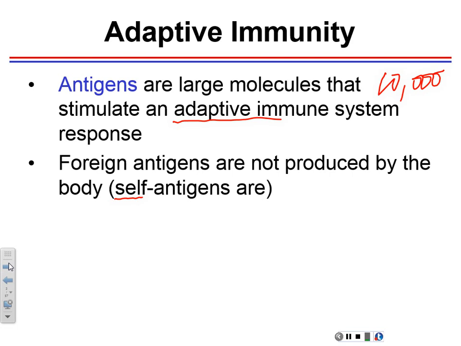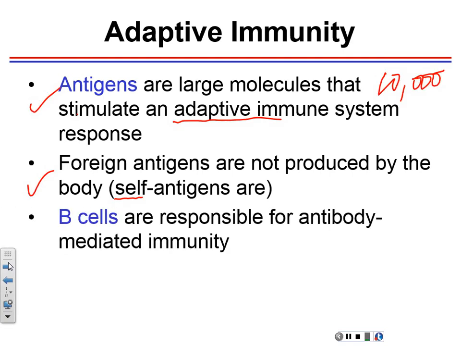Okay? So the adaptive immune system is based on the ability of the body to determine which are foreign antigens and which are self-antigens, so that it doesn't attack itself. Okay? Because by definition, anything that can excite the immune system to respond is an antigen.